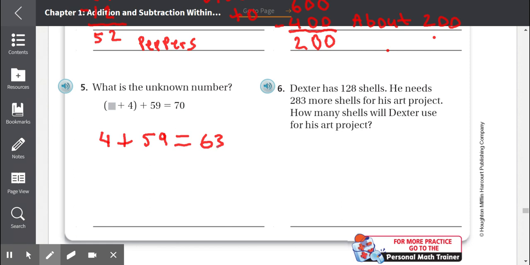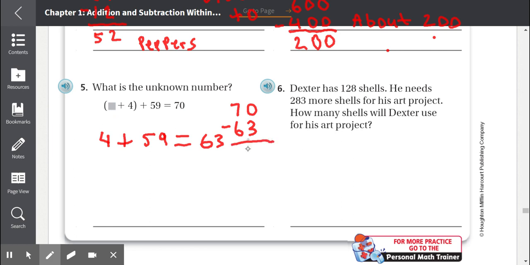So that means to get the blank, we would subtract 63 from 70. So 70 minus 63 will give us the answer to the blank.